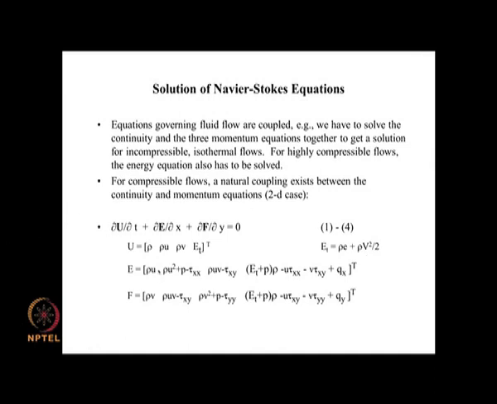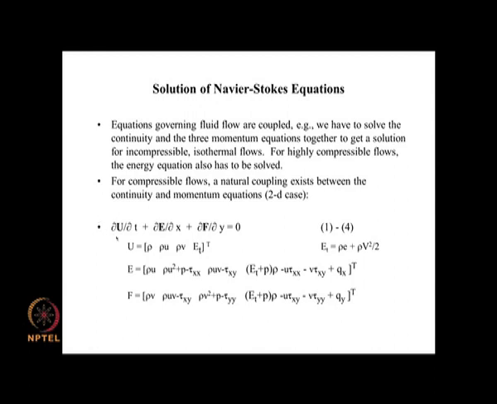So, U takes on 4 different values for the 4 different equations, and similarly E and F. So, if you want to reconstruct from this the continuity equation, you take the first value of this, first value of this and first value of this.